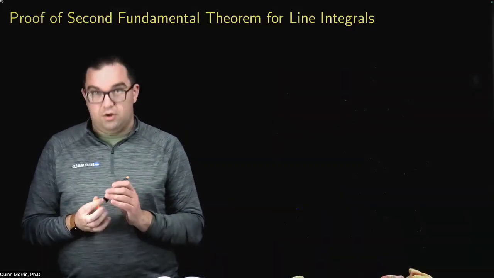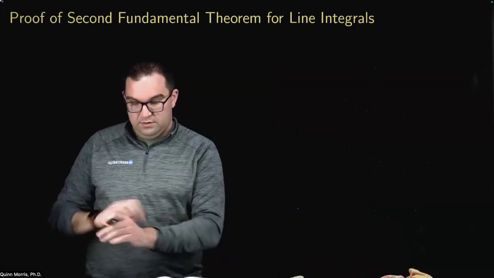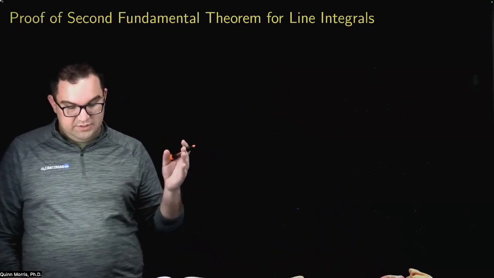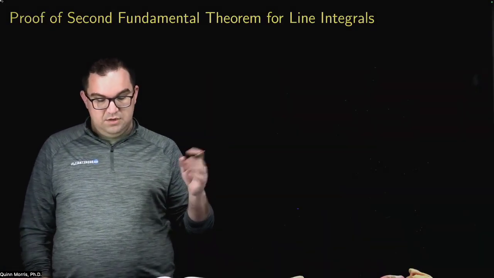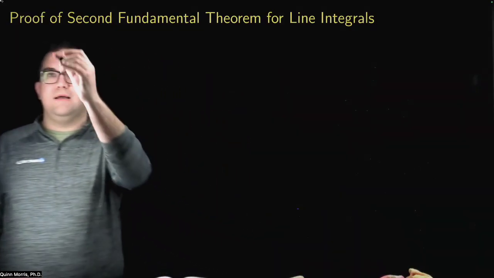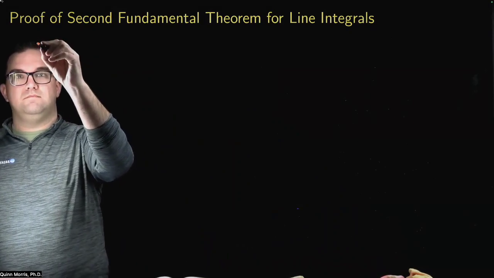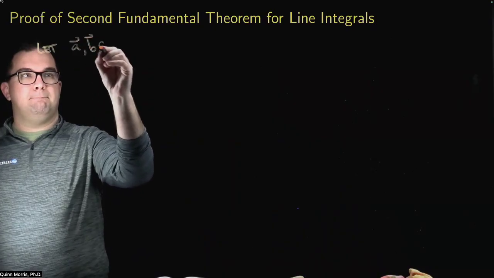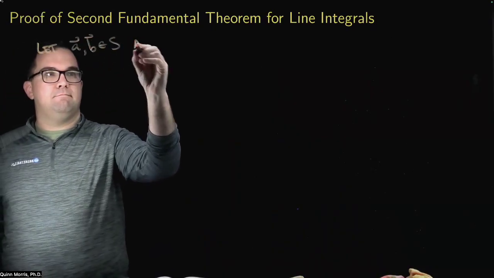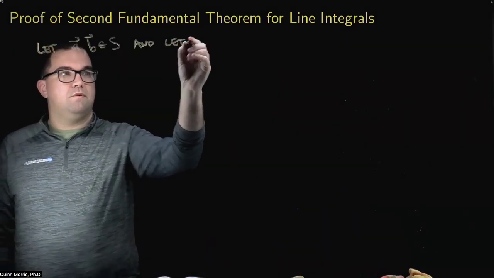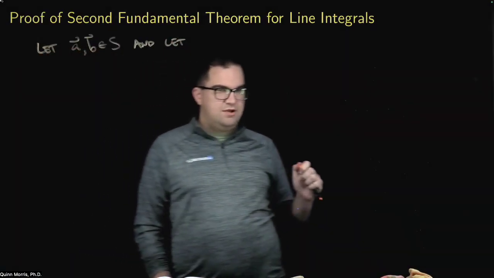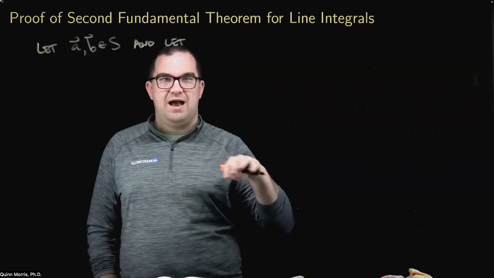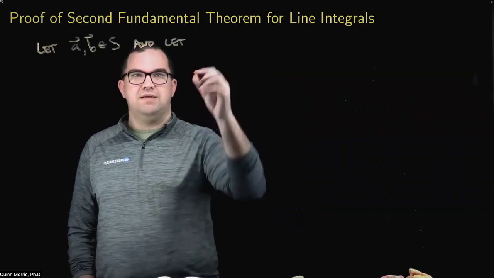Okay, so here is our proof. Again, our setup: we have two points A and B in S. We're going to join them by some piecewise smooth path alpha. To begin with, let me actually just start with alpha being smooth. Then we'll see how to fix things if it's piecewise smooth.